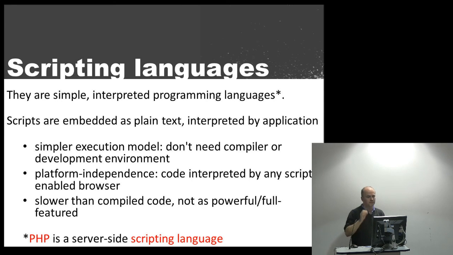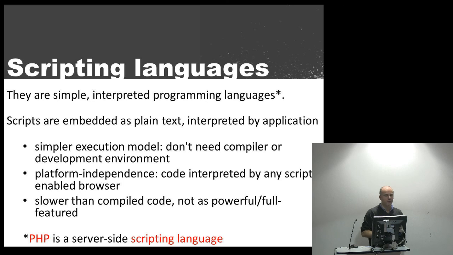So as I said, a script has to be interpreted by an application. You don't need to compile, and you don't need a whole development environment, setup, libraries, and all that stuff. Since you don't need to compile, your code is platform independent. Okay. Your browser is going to process it wherever your browser is. Okay. And as I said, it's not as powerful.